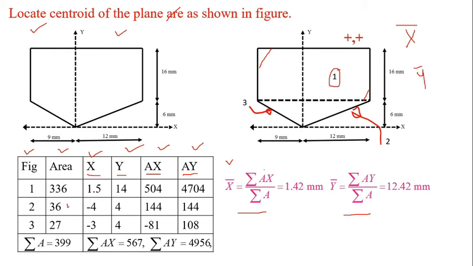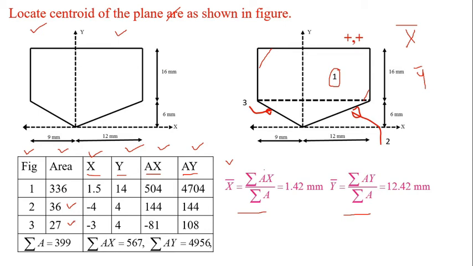So this is area of figure number 2. Figure number 3, its area is again 1/2 base into height, 1/2 into 9 into 6, that is 27. So in this way area of each figure can be calculated. Okay, first figure, second figure and the third figure.